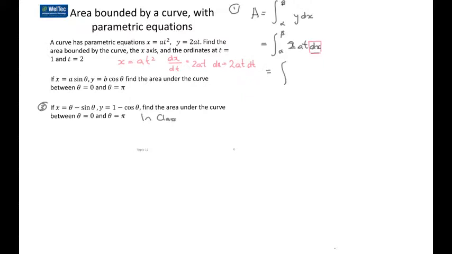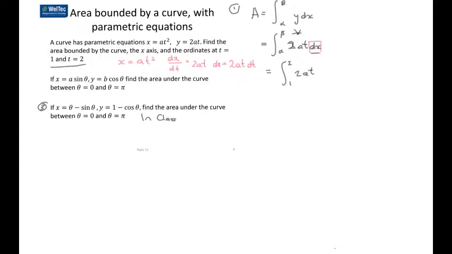So now we've got the limits. Now we're talking in terms of t, and our parameters were in terms of t. So at this step here, it's not correct to put the 2 and the 1 there, because we've still got with respect to x. But now everything's in terms of t, so now we're fine to put in 2 and 1. And so we've got 2at.